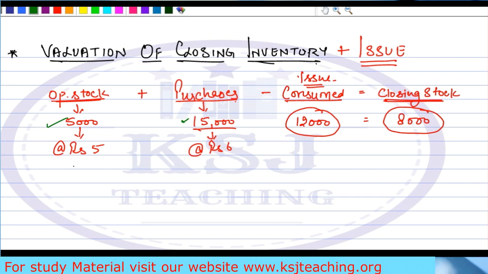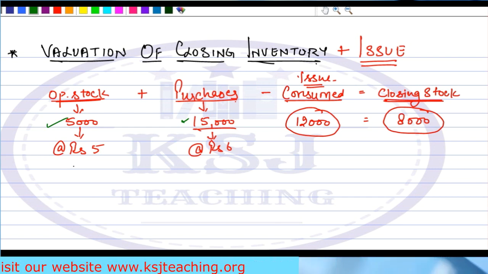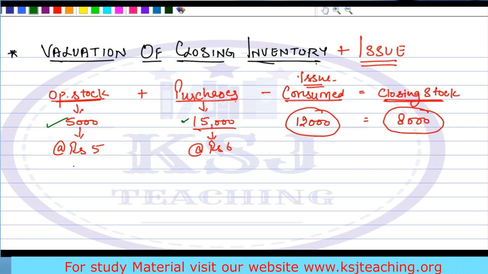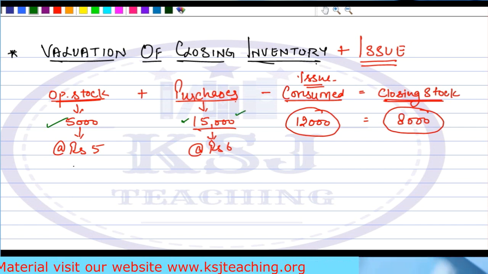This is the FIFO method. What is the LIFO method? Last in, first out says the material received last should be issued first. So if we have to issue this 12,000, the whole of it will be issued from this 15,000, not this 5,000. That is the LIFO method.